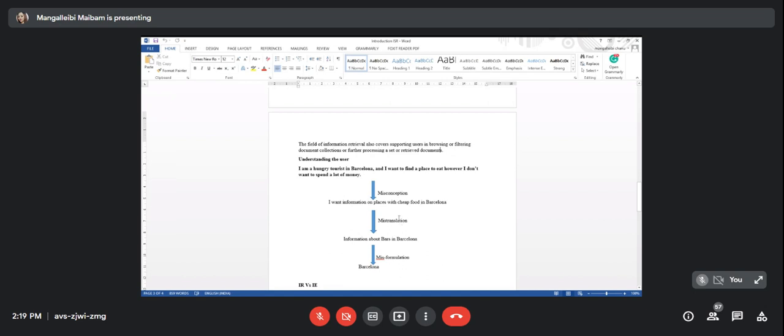One example is given here. It says: I am a hungry tourist in Barcelona and I want to find a place to eat. However, I don't want to spend a lot of money. This is what the user wants. Suppose you misunderstand the user and mistranslate this particular query, then it can give you different results.